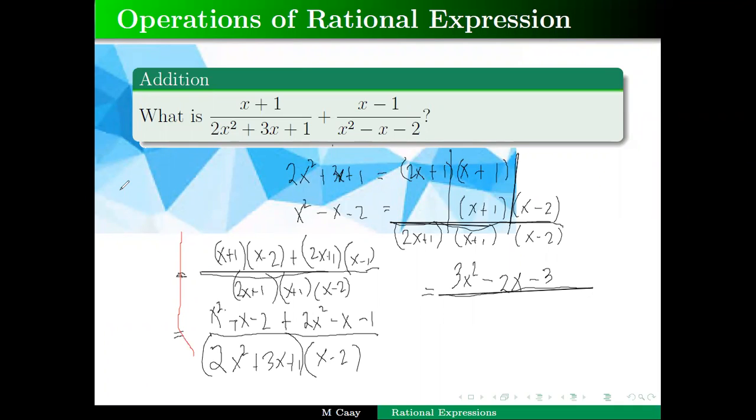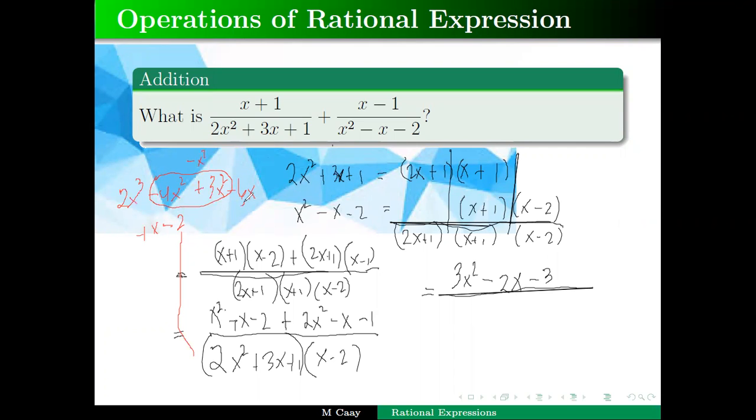I can have 2x cubed minus 4x squared plus 3x squared minus 6x plus x minus 2. So basically, I can just add here. This will be negative x squared.